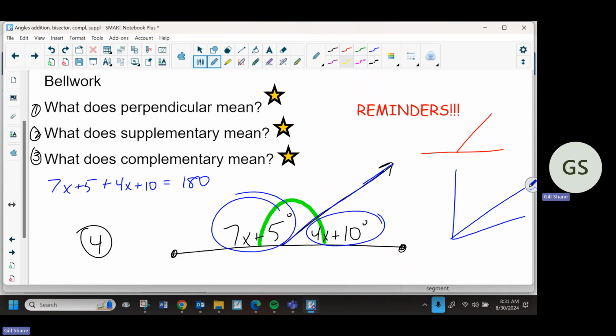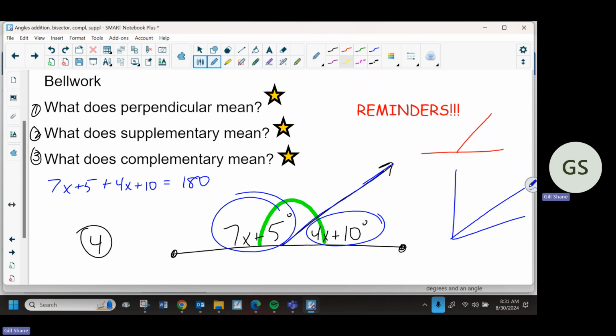We haven't gotten to that yet, but we will, and kids every year get confused, so I'm trying to introduce that early. If you see that little circle, degree symbol, that is about the measure of the angle. Now, if there's no angles and the problem's about temperature, then it's about temperature. Occasionally, they'll do a word problem with temperature in it, so it can mean other things, but in angles, it is the number of degrees in an angle.